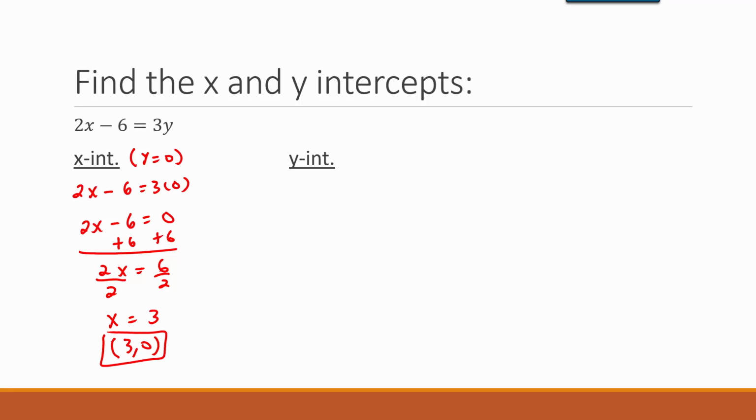The y-intercept, replace x with 0. So the same equation, however, we will replace the x with 0 and solve the equation for y. So again, anything times 0 is simply 0. So I end up with -6 equals 3y.